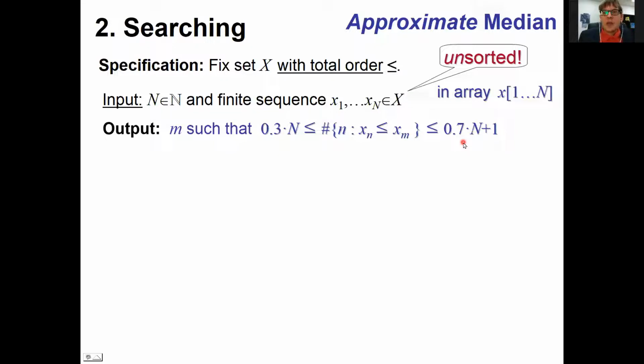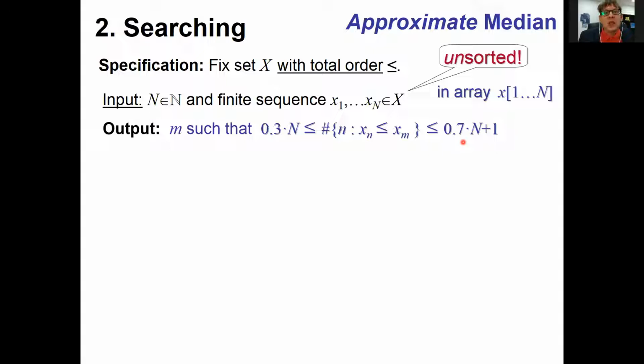So it's not a real median. A median should have 50% smaller, 50% larger, plus minus 1. But here, this algorithm will find an index which has between 30% and 70% smaller, and vice versa, between 70% and 30% larger.